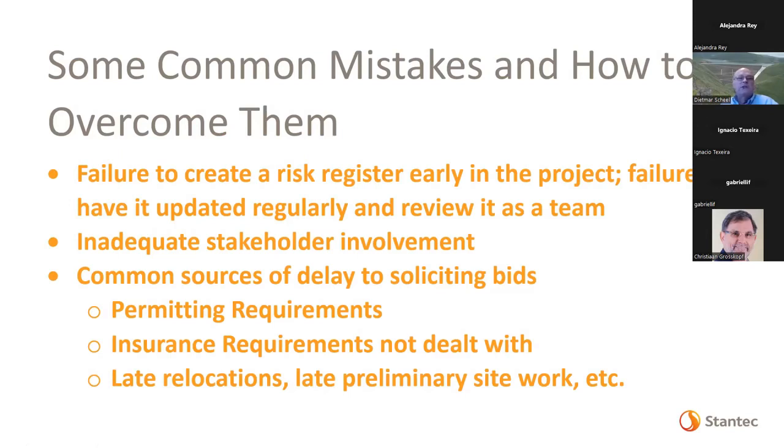Risk registers are useful. They map who's going to own what risk. Another mistake commonly made is not making sure everybody's on board, getting input from all your stakeholders. That's probably less of an issue on a powerhouse, more of an issue on transmission lines. But I'll move on from there.